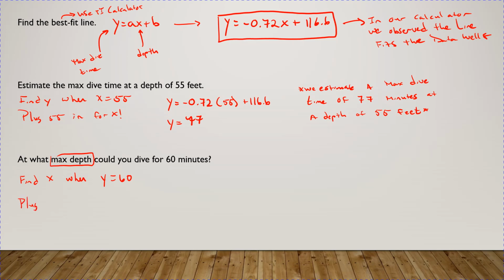So you have to be careful. This is 60 is equal to minus 0.72 times x plus 116.6.